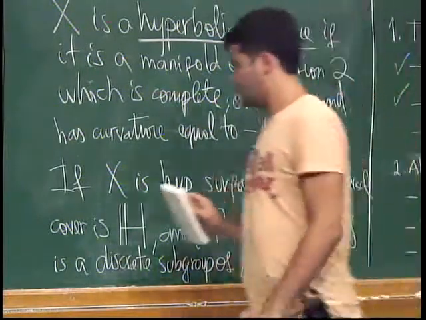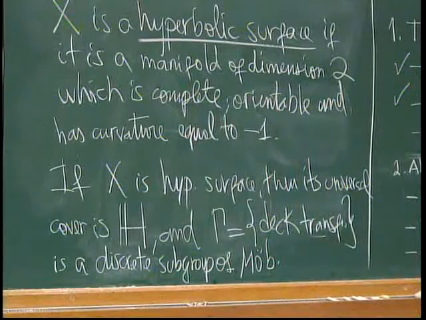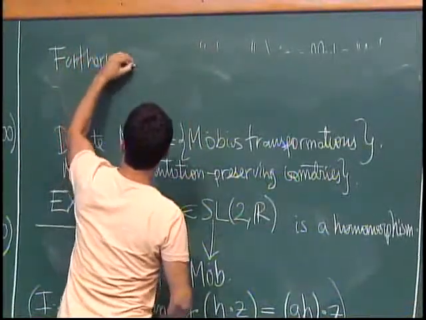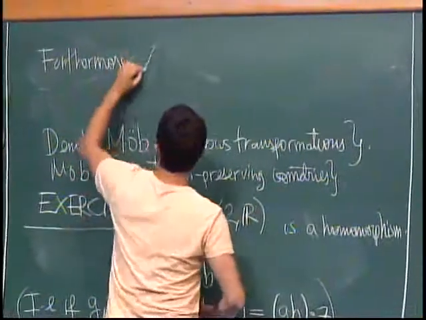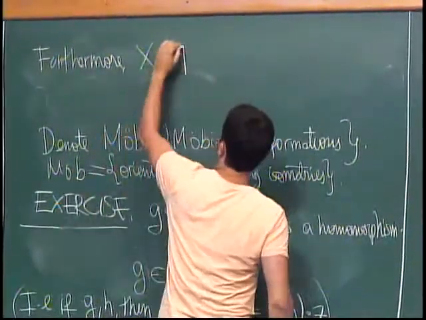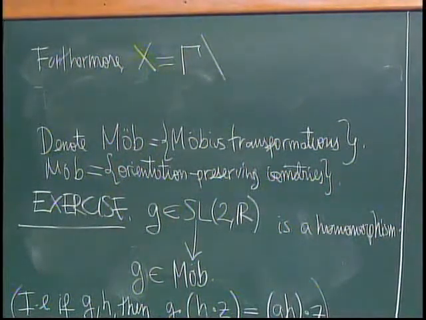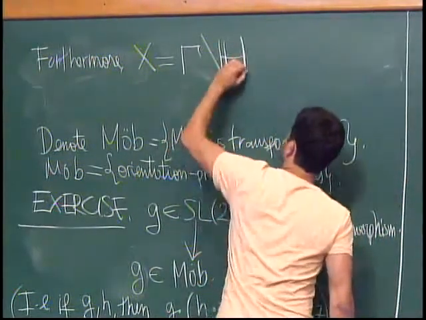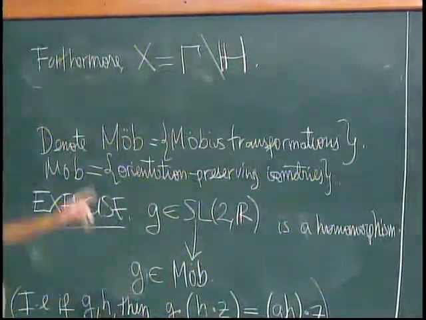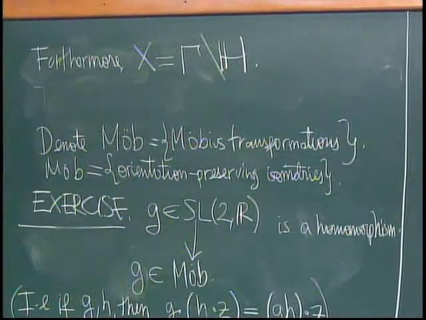So I won't delete this. Furthermore, by taking the quotient of H by this discrete subgroup gamma of deck transformations, you can recover the hyperbolic surface.